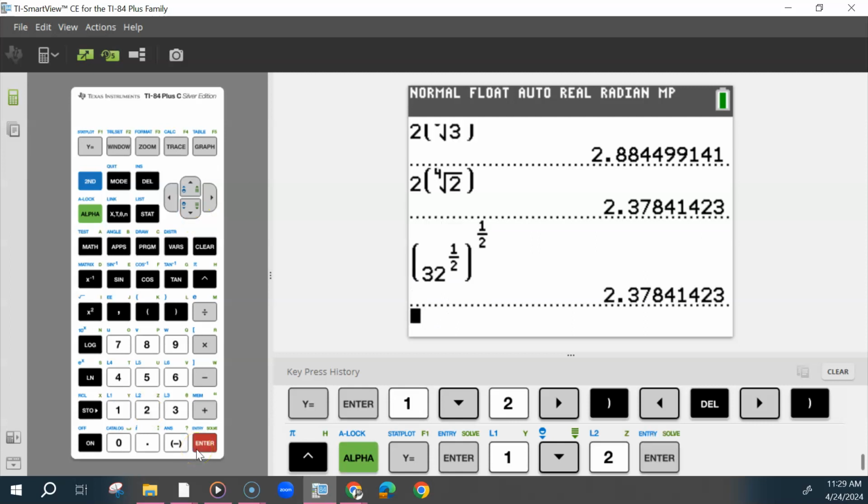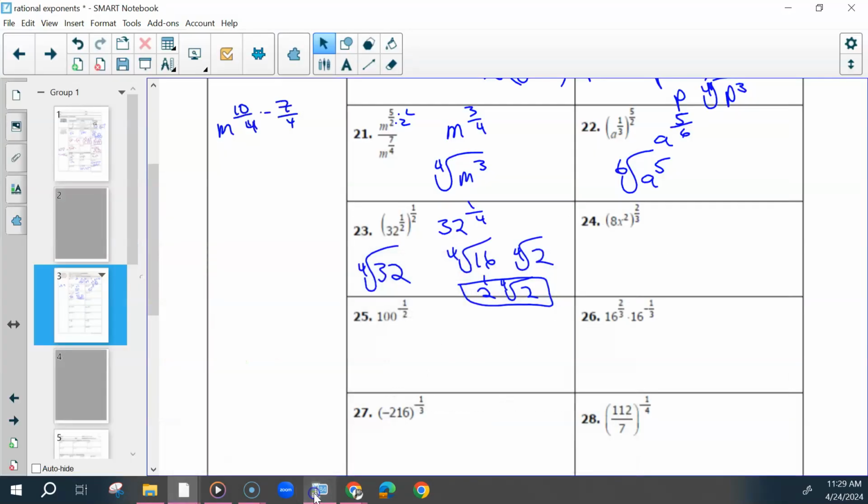And we see that they are the same, even though they look nothing alike. Any questions on that one before we do some more?